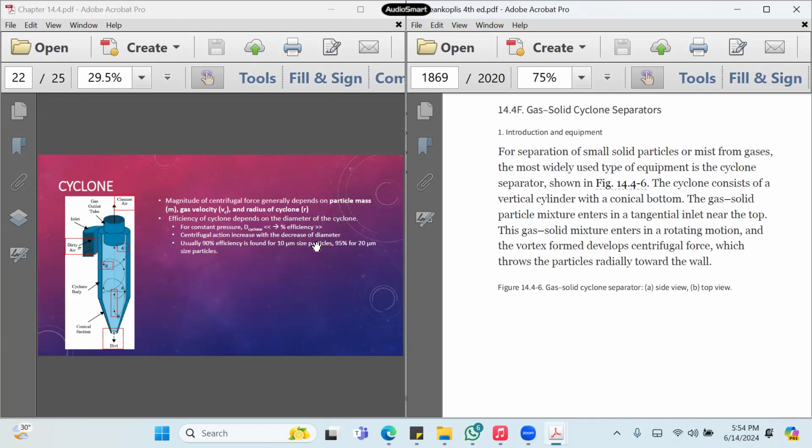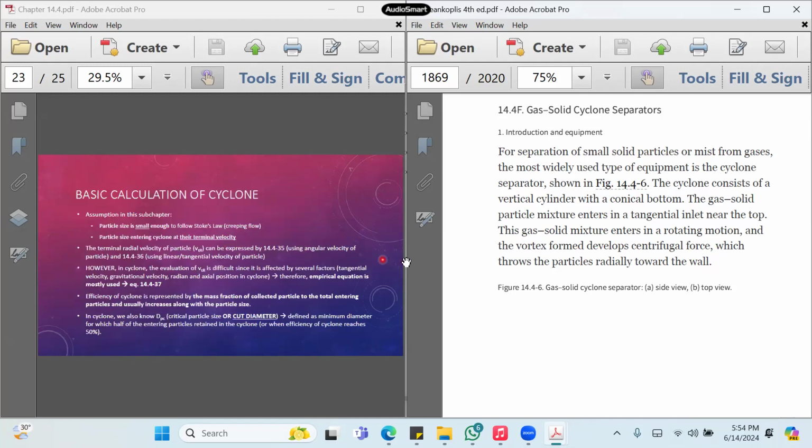The particle size will also affect the efficiency. Let's see, for a 10 microns particle the efficiency is 90, for a 20 microns particle the efficiency is 95. The smaller the particle size, the lower the efficiency is.